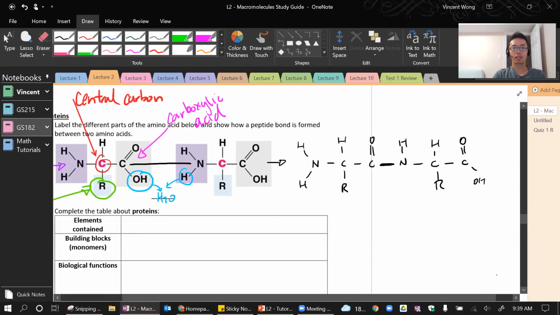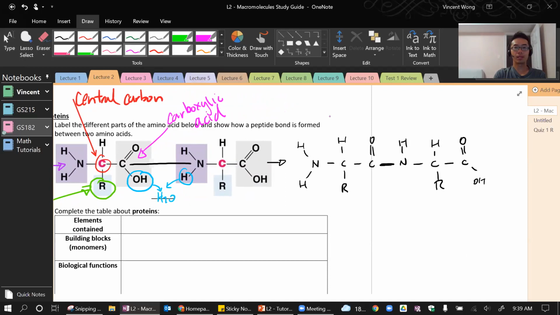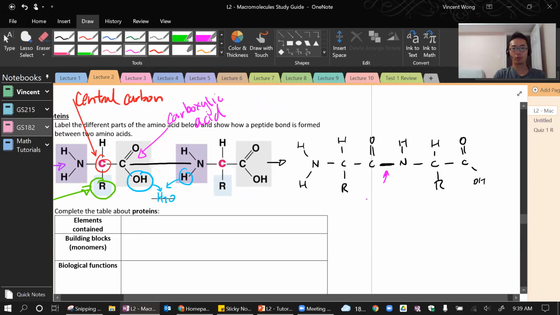Like this. So this here is the new bond. We call it a peptide bond. And then we could keep on adding more. We can add another amino acid and another, so on and so forth. So it forms a long chain.